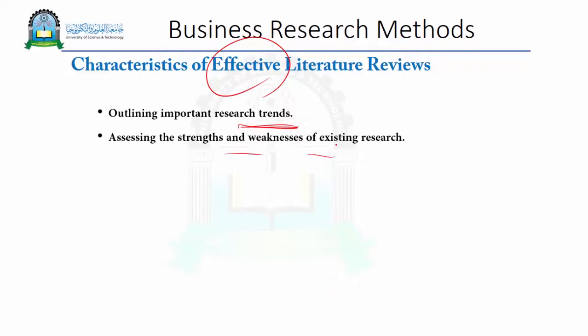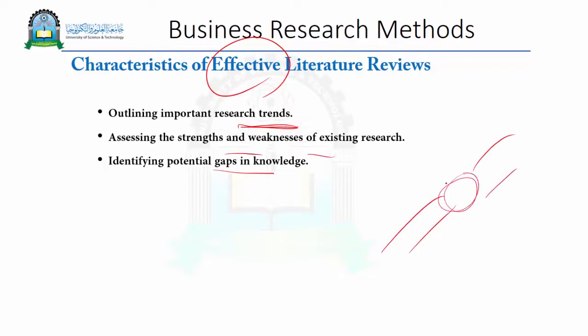As we said previously, you are reading with critique, so analyzing and criticizing in order to synthesize new ideas. Identifying potential gaps in knowledge. So the effective literature review is the one which comes up with gaps in knowledge that need to be filled by you.